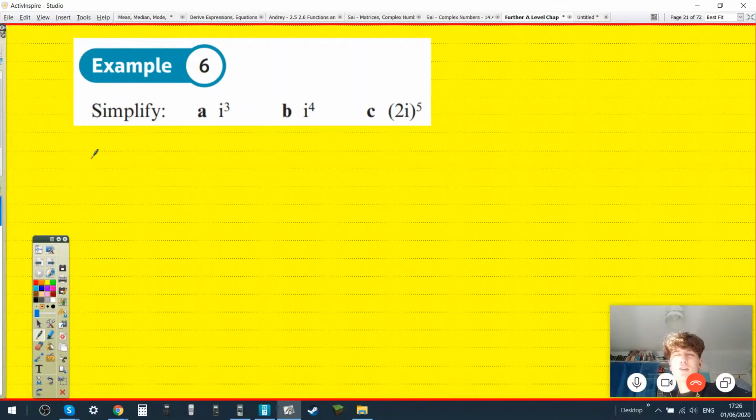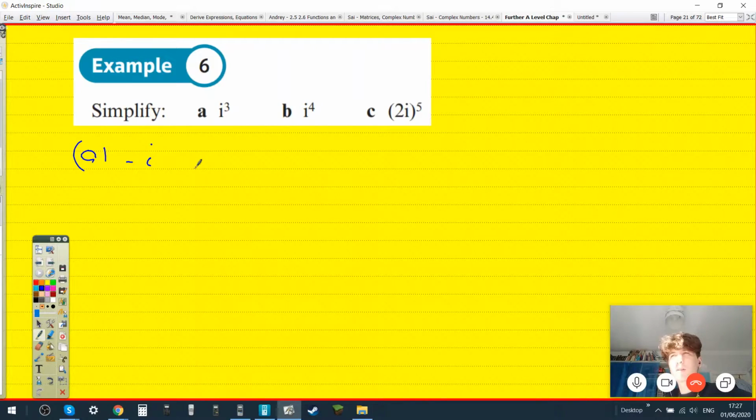i cubed, would that be just minus i? Yep, minus i. i to the 4 equals i.